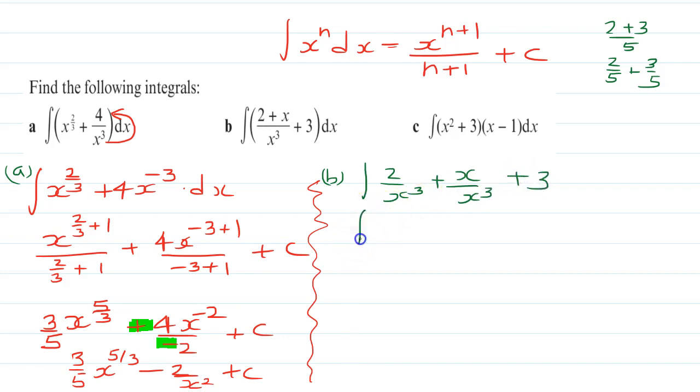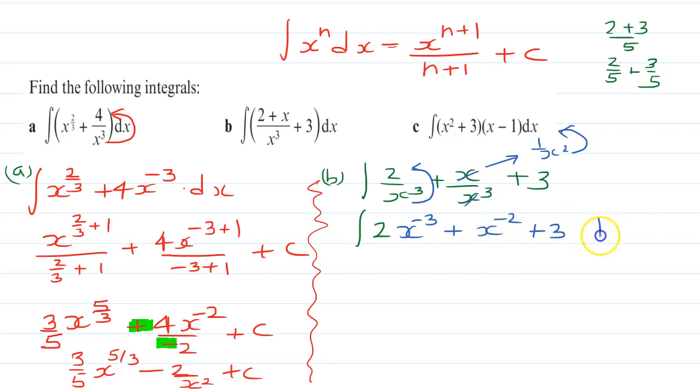Now integration. So 2, when x to the power 3 is going up, it will be 2 x to the power minus 3. 1 x and 1 x is cancelled out, so we are left with 1 over x squared, and when x squared is going up, it will be x to the power minus 2, and plus 3 and dx. Yeah, so here it is dx.